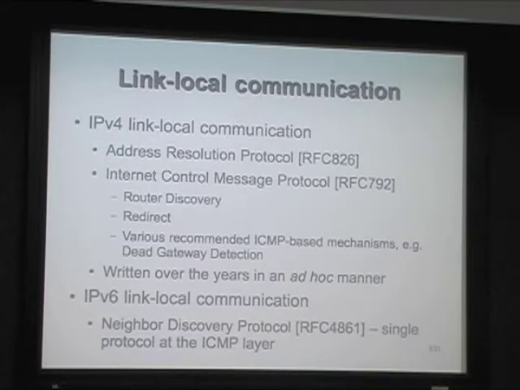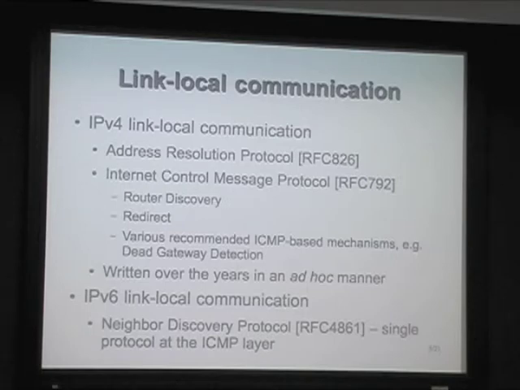So neighbor discovery protocol is roughly covering address resolution protocol and a bunch of other ICMP-based mechanisms. But neighbor discovery is not just a rewrite of those IPv4 protocols, people also made many optimizations and enhancements of previous mechanisms.